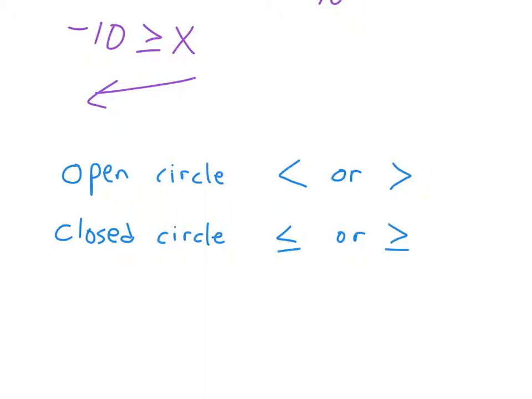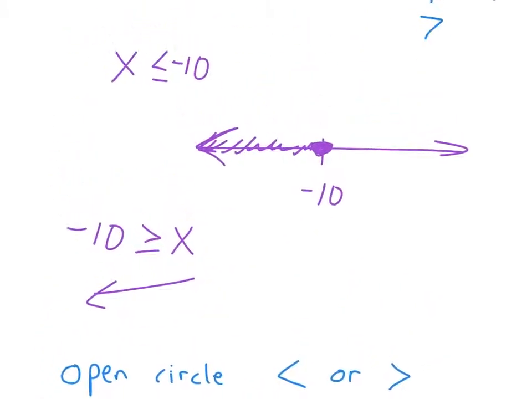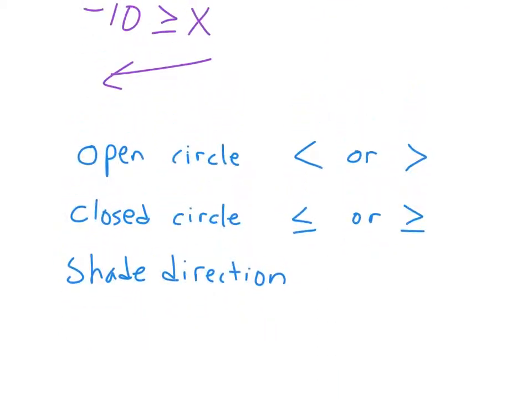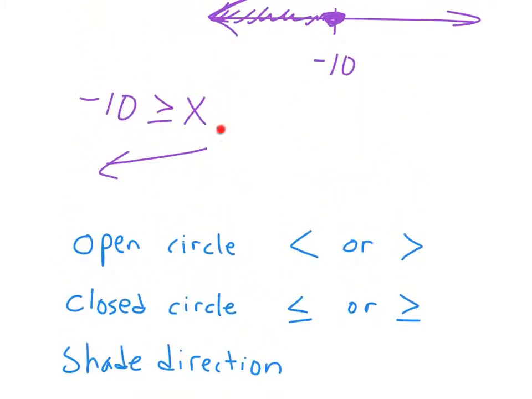And then for that whole shade direction, if you have the variable on the left, like what we had over here, then you could say that it points in the direction of which way you shade, like Aiden was saying. But if you switch the variable around, like this one here, then that doesn't work anymore.